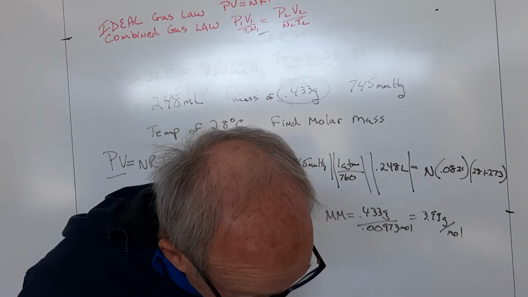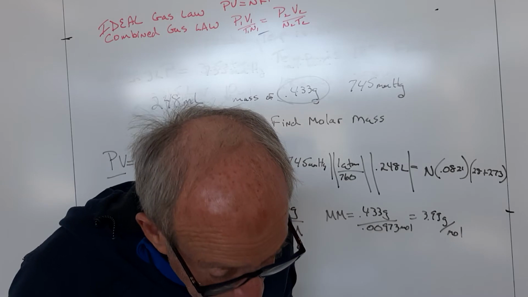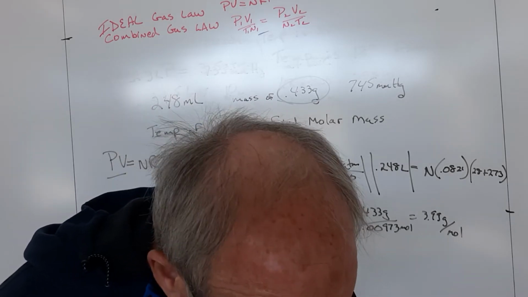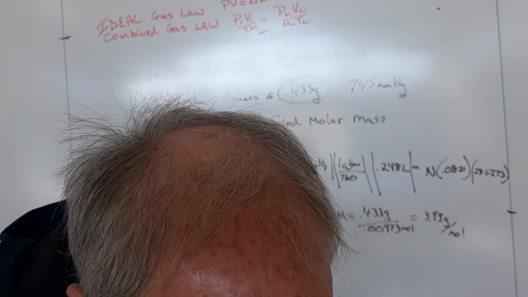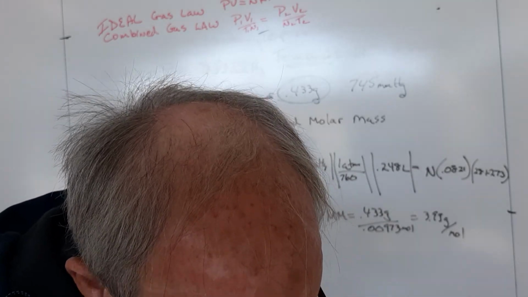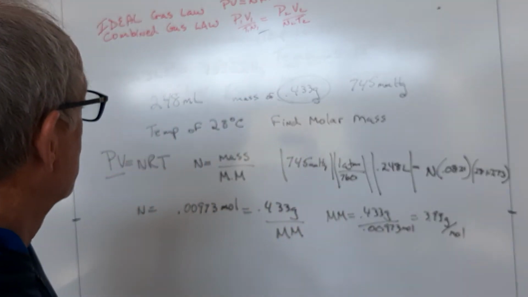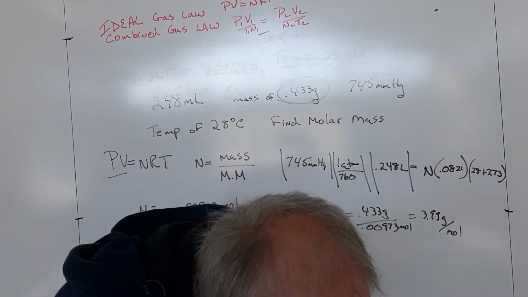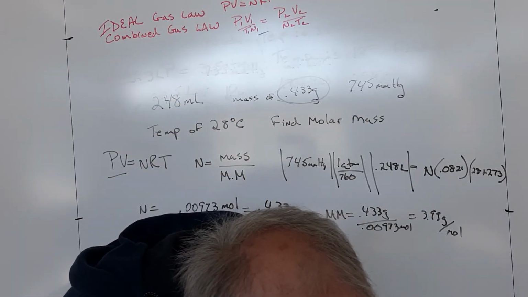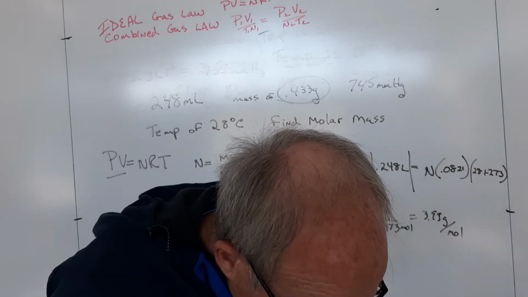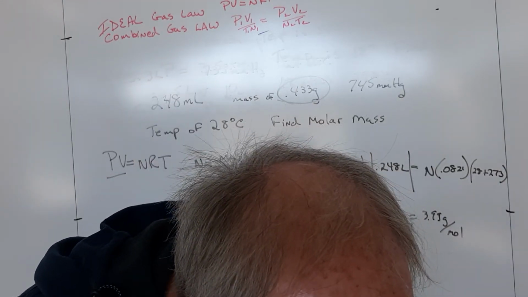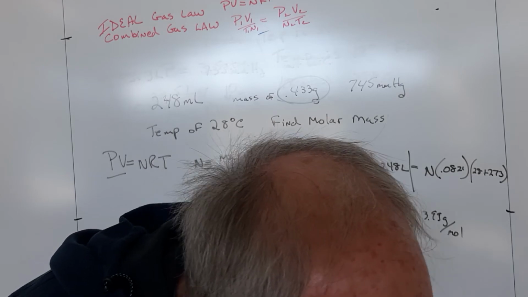Let me just make sure that's right. Molar mass is equal to, what? Did I write something down wrong? Oh, Jeffrey. Oh, 38.8. Why did I say that? Did I put down the wrong number?